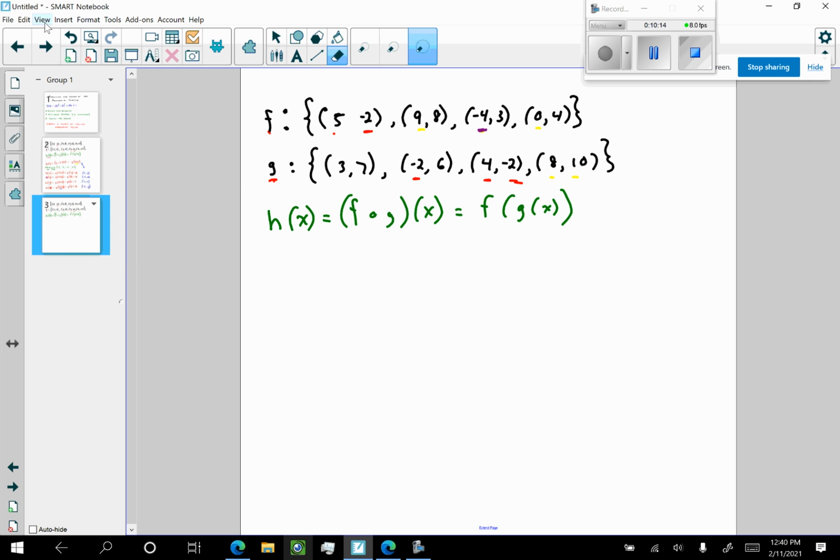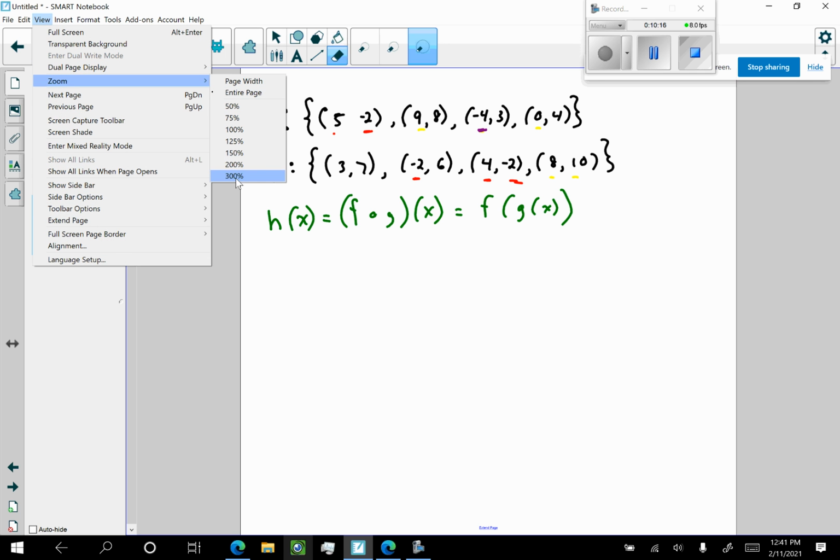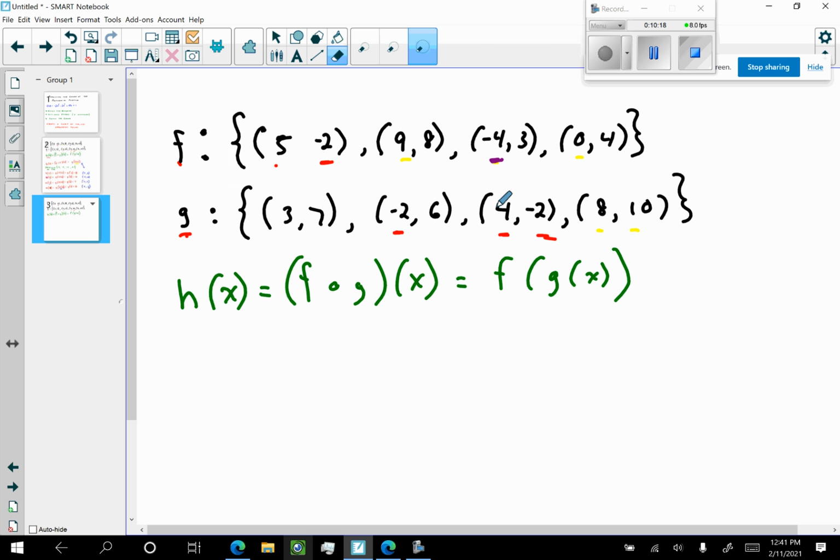Let me zoom out here. Okay, if I'm going to find this f of g, I have to look at the domain of g. And so I have to name the domain of g.